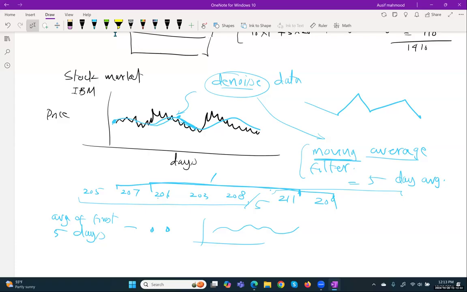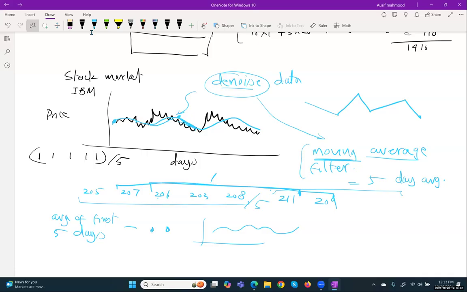Now let me take this simple concept, which is a known concept in the stock market, this moving average to decide where the trend is, and show you it is actually a convolution. What if I create one signal, 1, 1, 1, 1, 1, divided by 5?